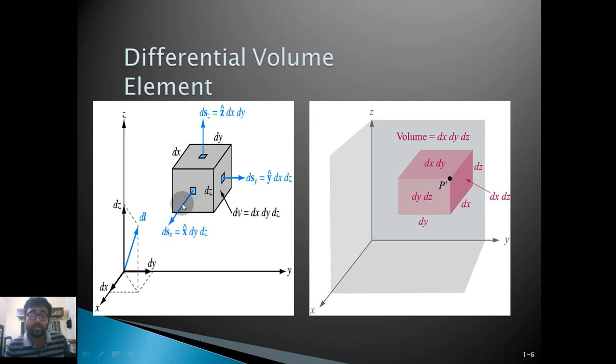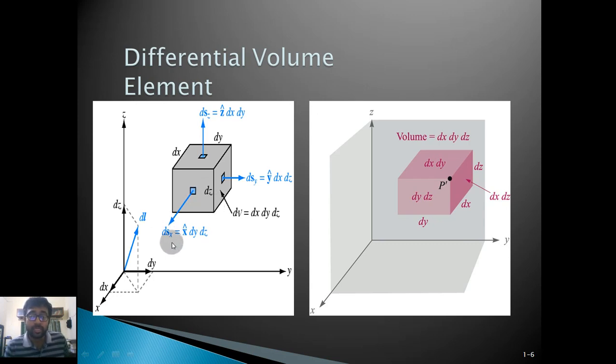This is the surface area of the cube. The value will be dy and dz, because the z axis according to the y axis gives the surface area. If the surface area is representing a vector, then that vector will have a direction towards the x axis.